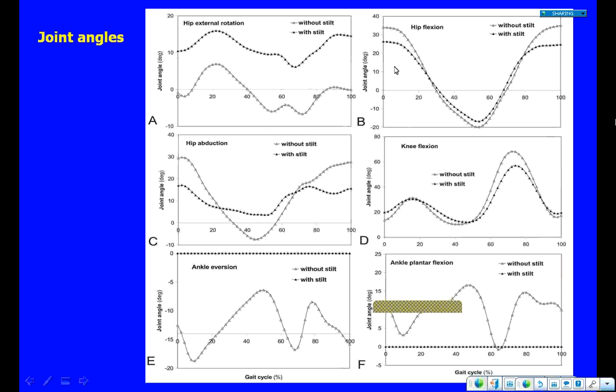On the hip flexion, positive is flexion, negative extension. So positive with abduction, negative adduction. Then we look at the hip. Without stilts, the angle change is larger. You can see it obviously because the lateral motion without stilts is larger.